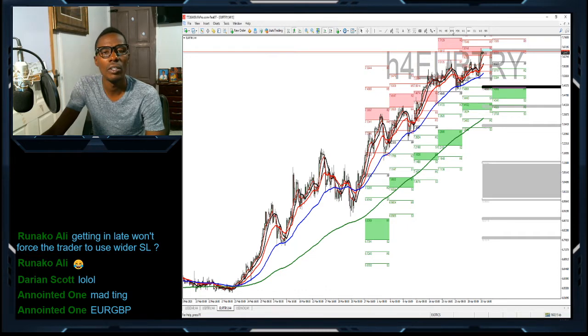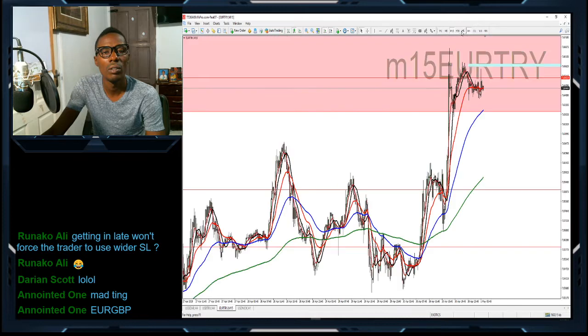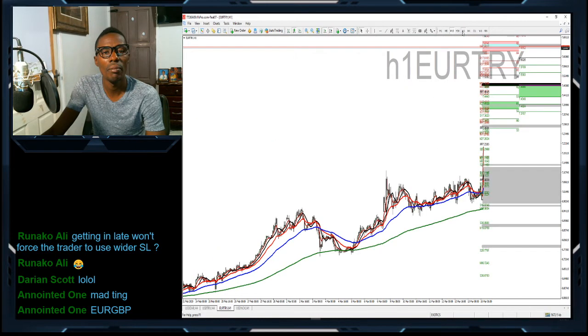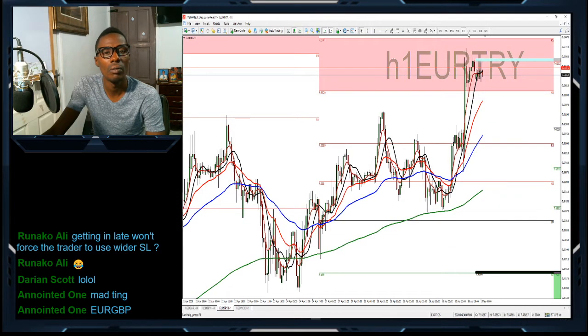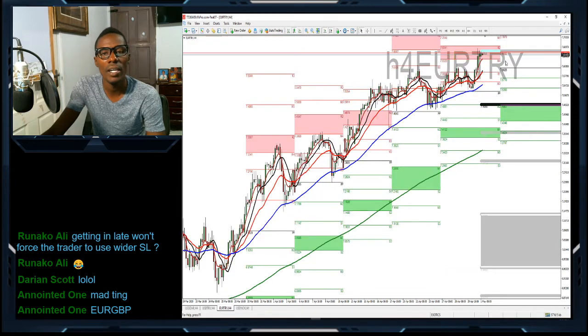And we can drop down the time frame. R2. So currently we are at next week's sell pivot.